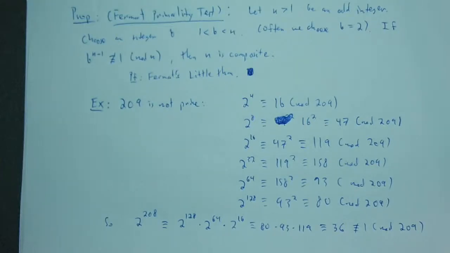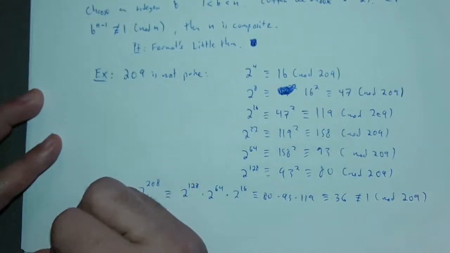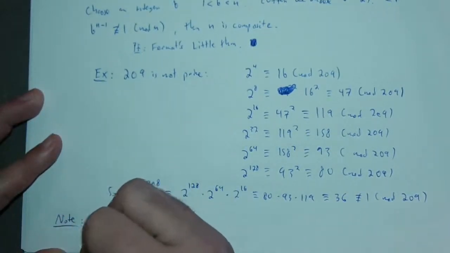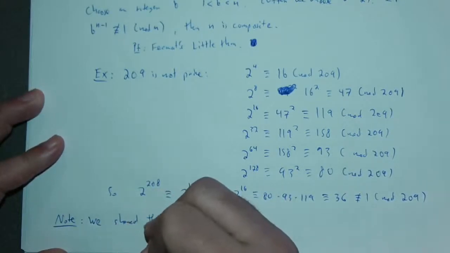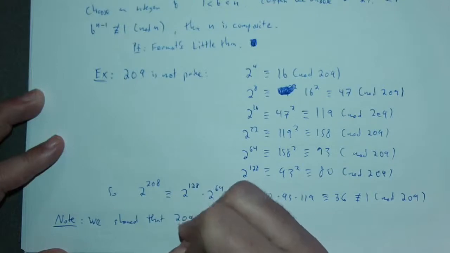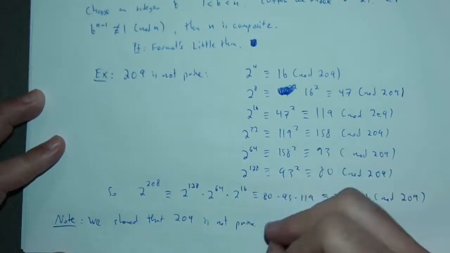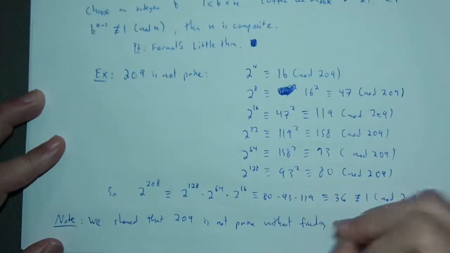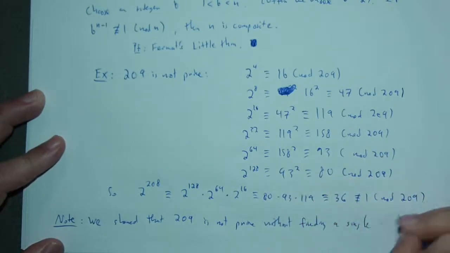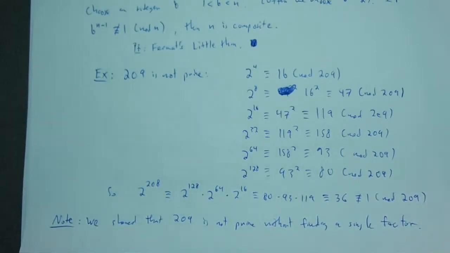But before I get to that, the thing that I want to draw attention to is, note we showed that 209 is not prime without factoring it. And not just without entirely factoring, without finding a single factor.